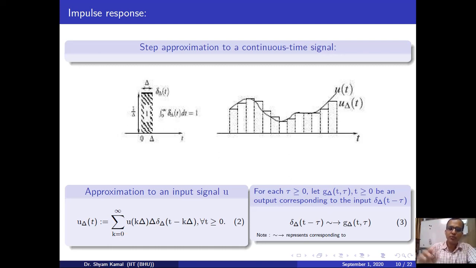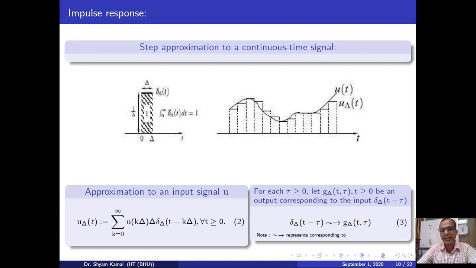But here I am going to do an approximation. At t equal to k delta, I multiply with the delta function shifted by k delta, and in this way I can understand the value of the control input at k delta.